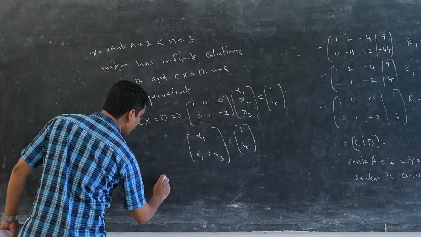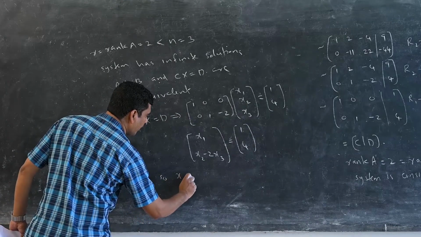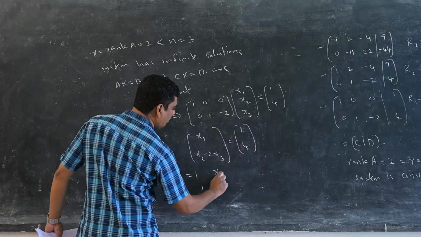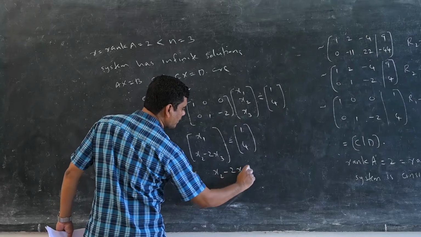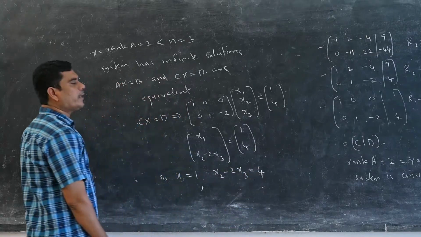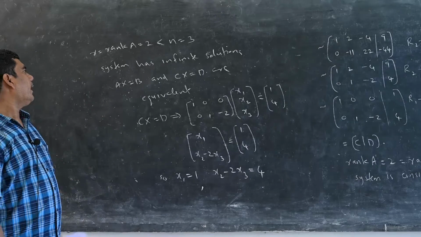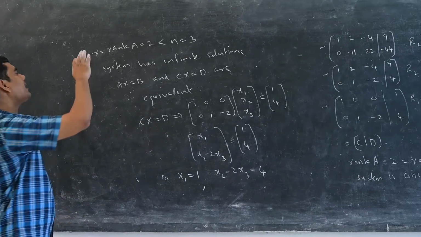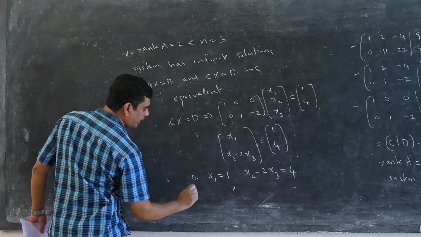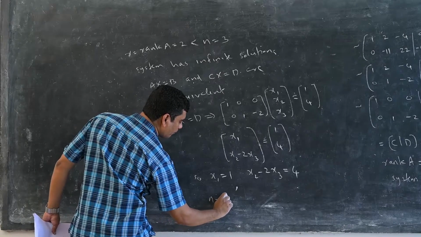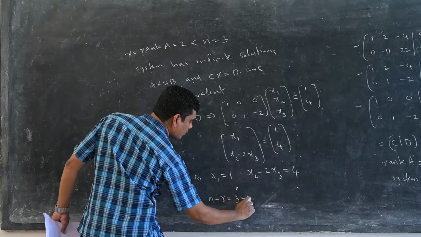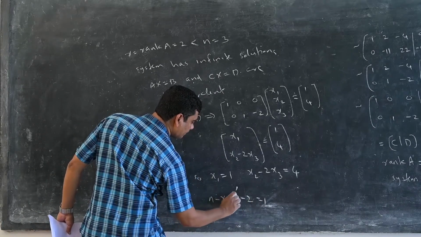So x1 is equal to 1, x2 minus 2x3 is equal to 4. Now here, r is equal to 2, n is equal to 3, so n minus r is equal to 3 minus 2, which is 1.